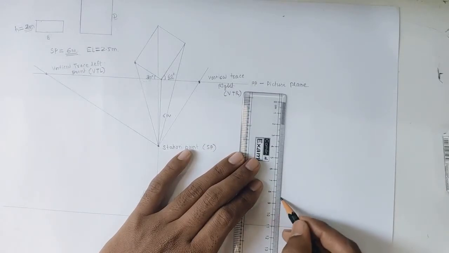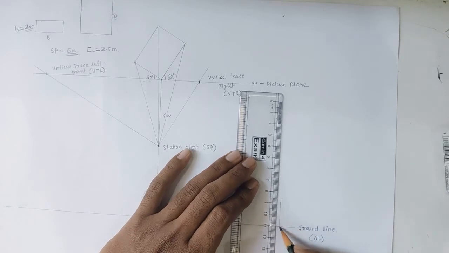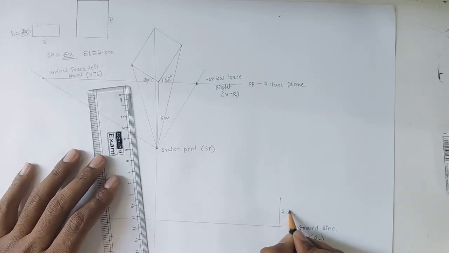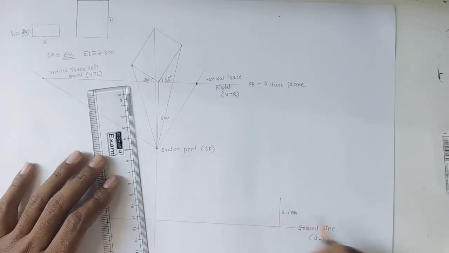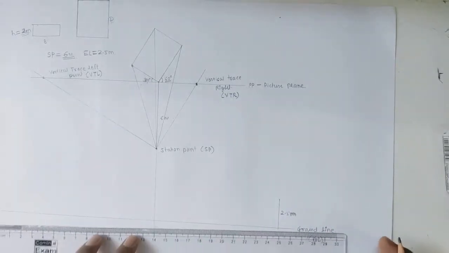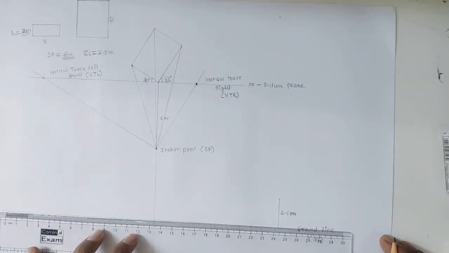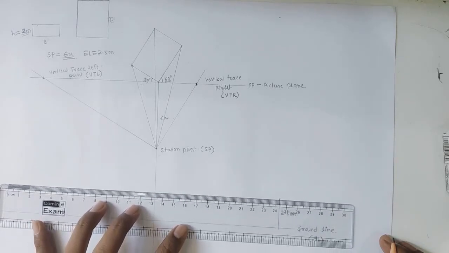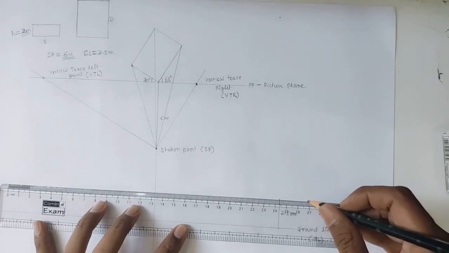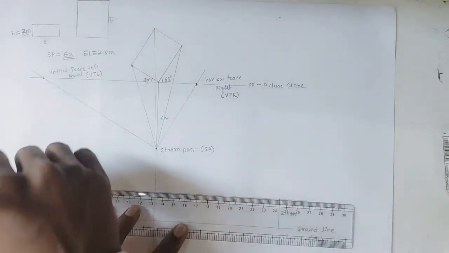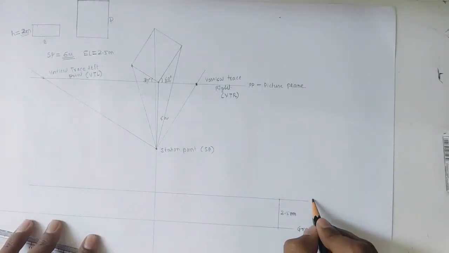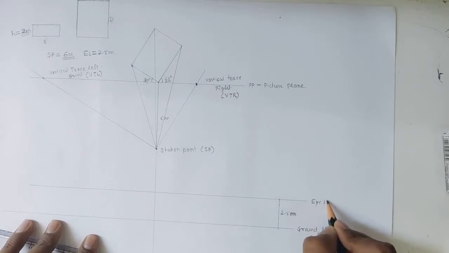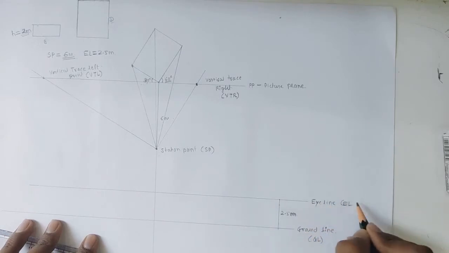Clear. Then draw the eye level line or horizontal line, which should be parallel to the ground line or the picture plane. So this line is called the eye line, EL, or horizontal line.